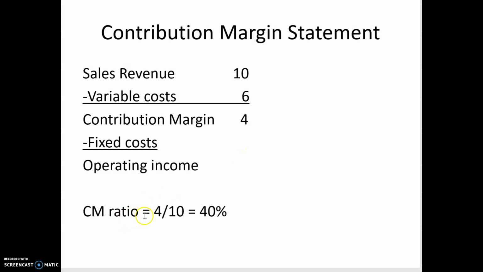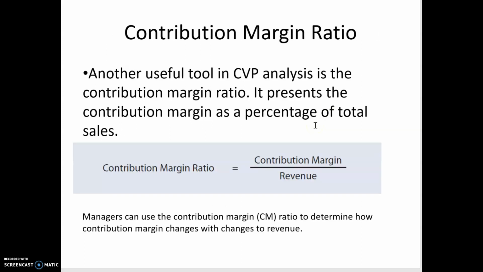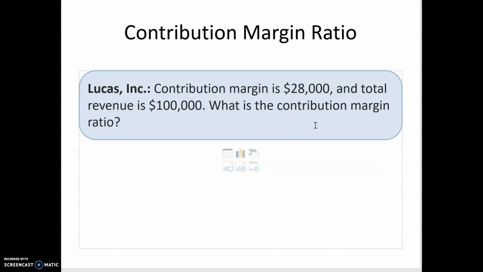And so our contribution margin ratio would be the contribution margin divided by the sales revenue, 40%. Basically your sales revenue is split between variable costs and contribution margin. Variable costs in this example are 60% of sales revenue, and your contribution margin is 40% of sales revenue. We say our contribution margin ratio is 40%.